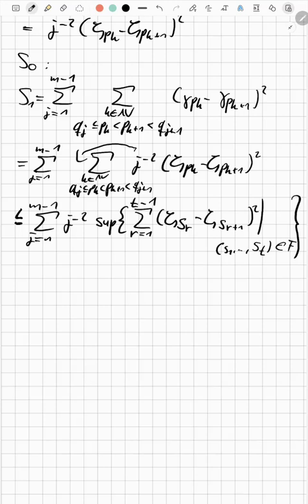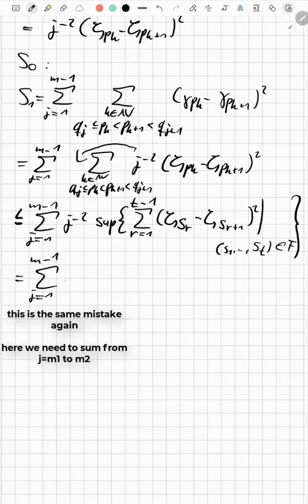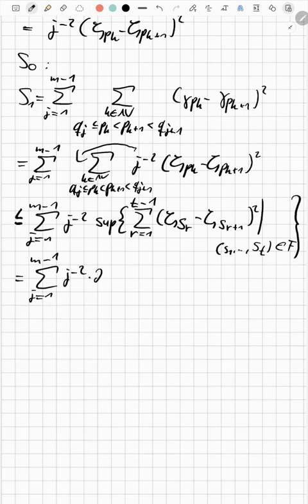Okay. And the nice thing now is that this is the same as the sum as j goes from 1 to m minus 1 of j to the power of negative 2 times 2 times the norm of uj squared. And it's the b norm because we dropped the cyclical summation.